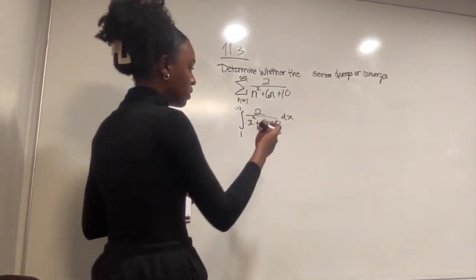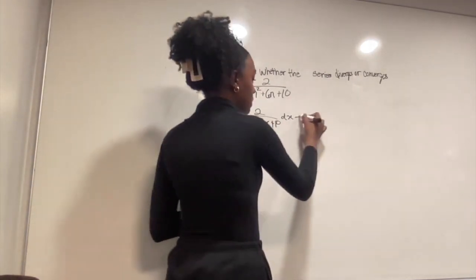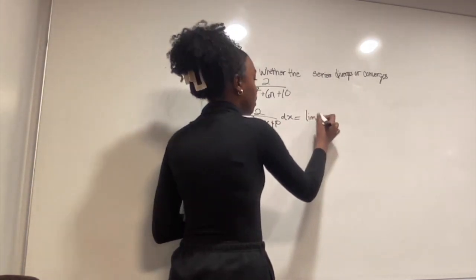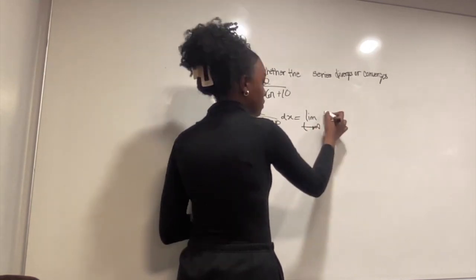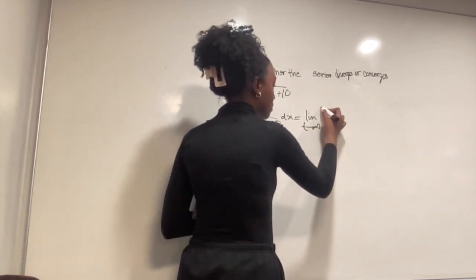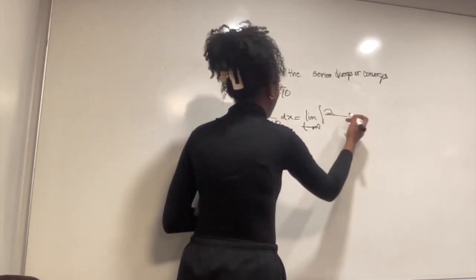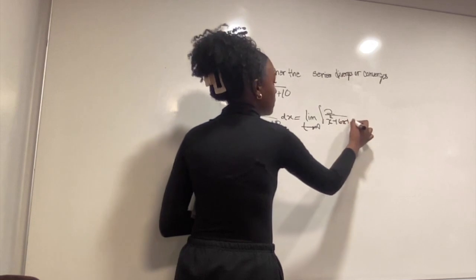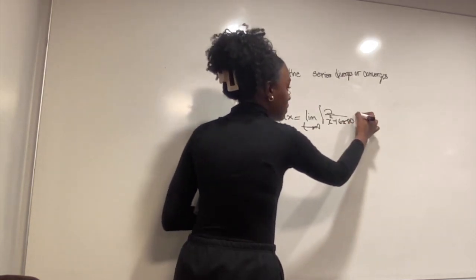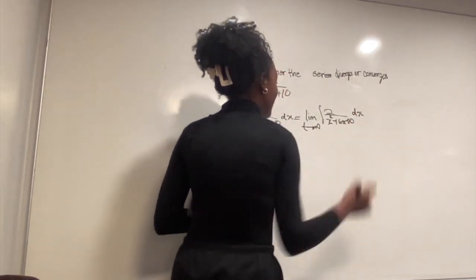And so this can also be rewritten as us taking the limit as t goes to infinity of the integral of 2 over x squared plus 6x plus 10 dx.